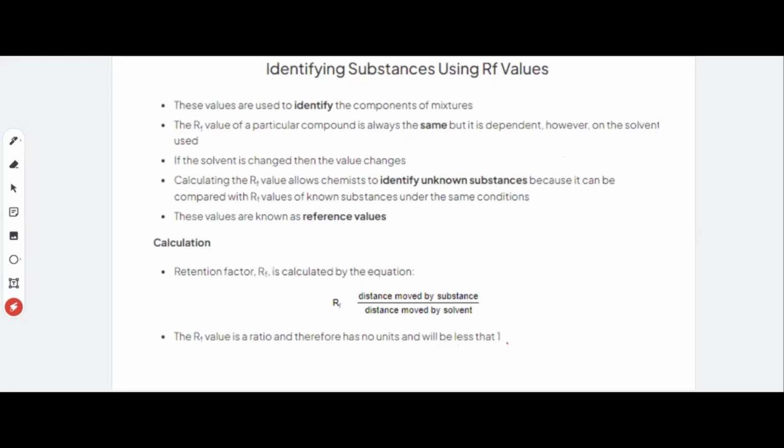How would you remember that substance comes on top and solvent comes later? Because in the beaker also, you have solvent at the bottom and substance or solute is at the top. So remember that substance is on top and solvent is down there as denominator.